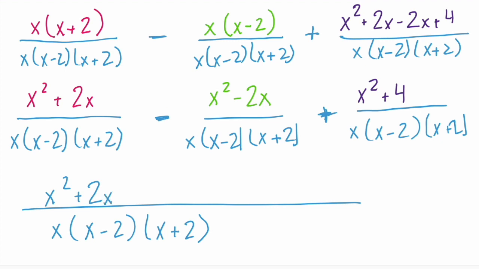Then we need to subtract this green x squared minus 2x. Since we're subtracting, we have to distribute the subtraction to both of these terms in the numerator. So we're subtracting x squared, which is minus x squared, but then we're subtracting a negative 2x, or we're adding 2x. And at the end, we're adding, so we're adding x squared, and we're subtracting 4.